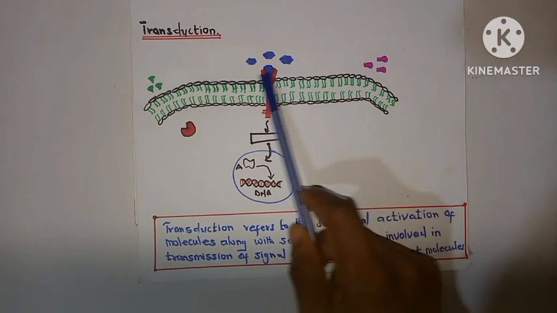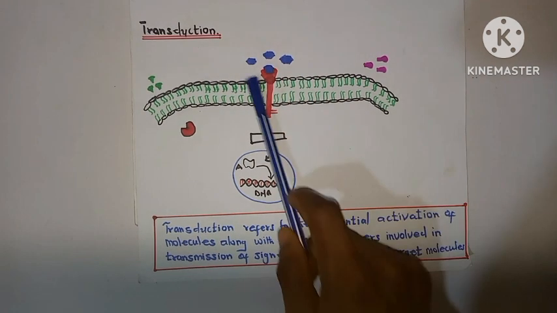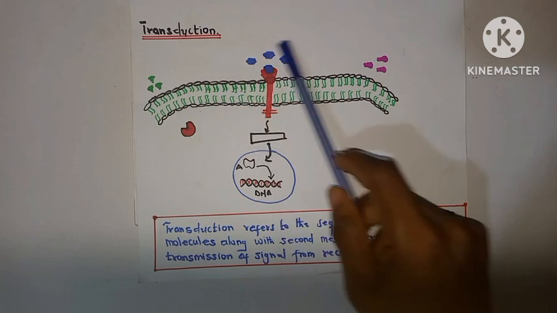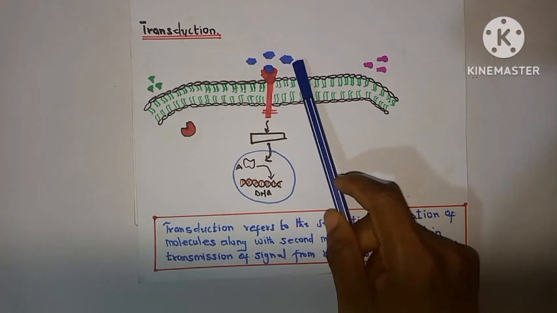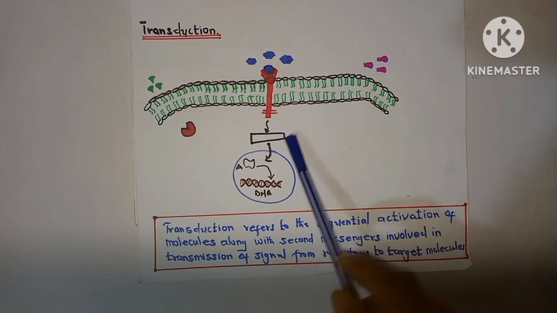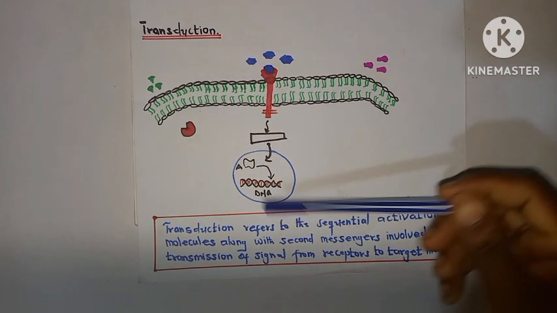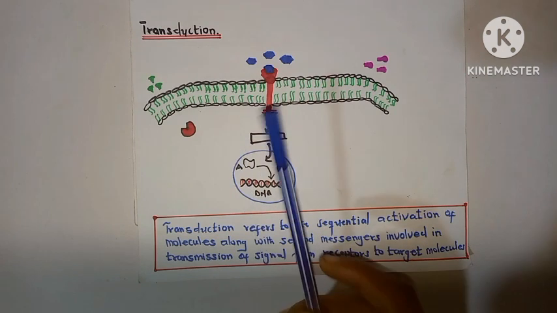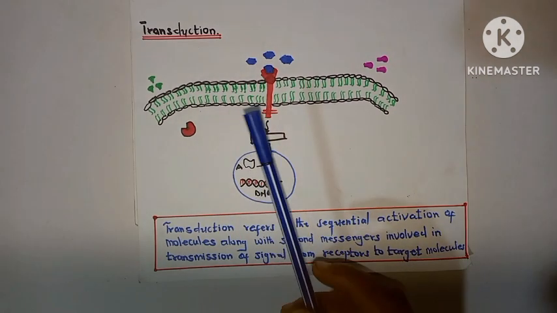So the signal coming from the extracellular part of the receptor is transferred into the intracellular part of the receptor, and then it is transferred further by the help of intermediate molecules known as second messengers.